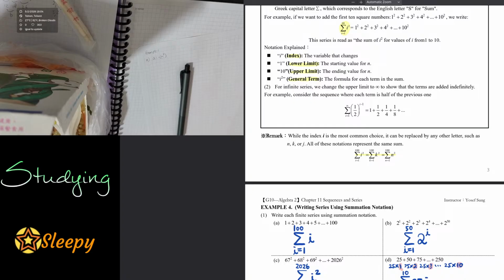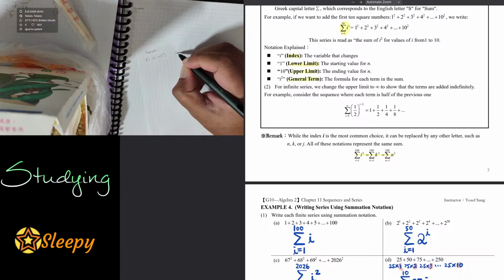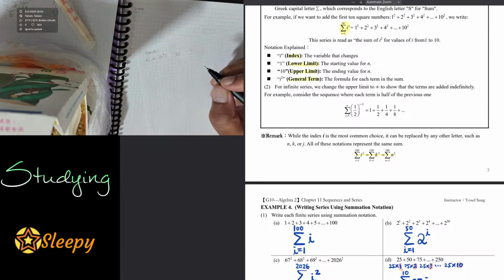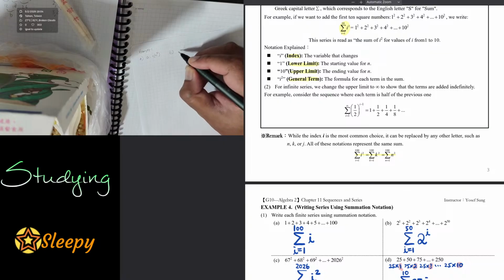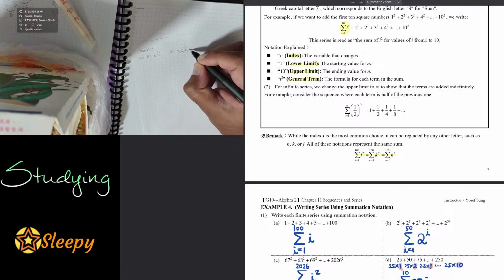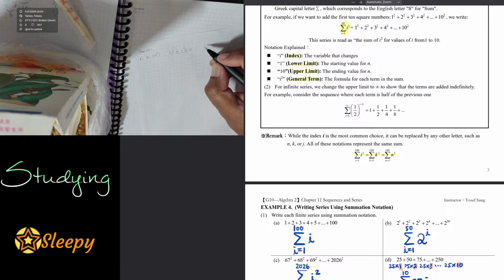And B, so for B we have 0, 2, 6, 12. So we have 1, 0, 2, 2, 3, 6, and we have 0, 0.